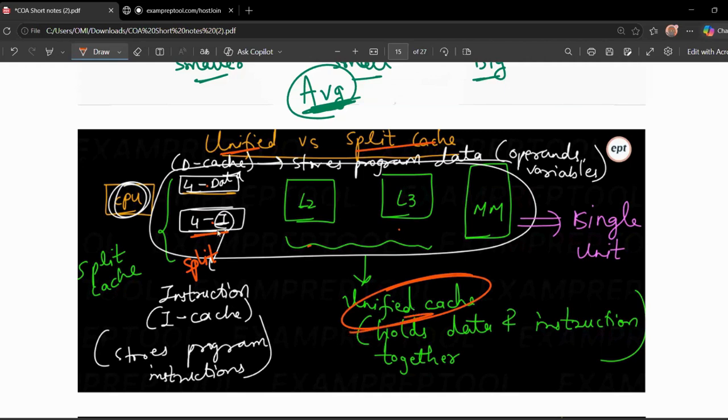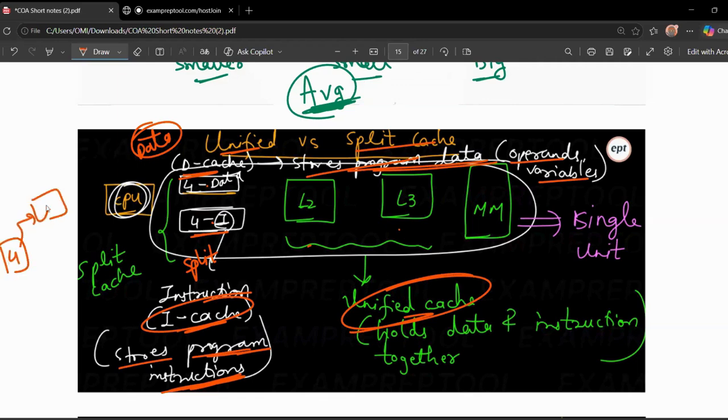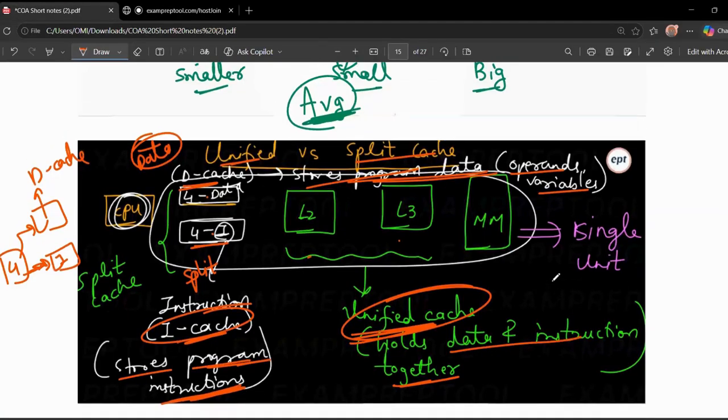L1 is used for two things: D cache, which is for data, and I cache, which is for instructions. The data cache stores the program data, which is operands, variables, and so on, and the instruction cache stores the program instructions. So L1 is split into D cache and I cache, and your L2 and L3 will be unified cache, so they hold the data and instructions together.